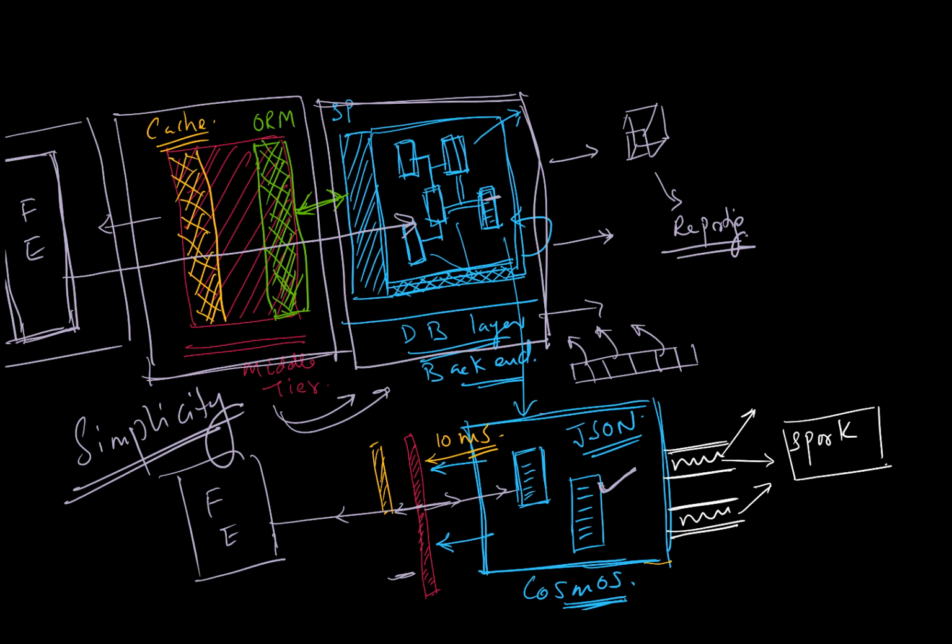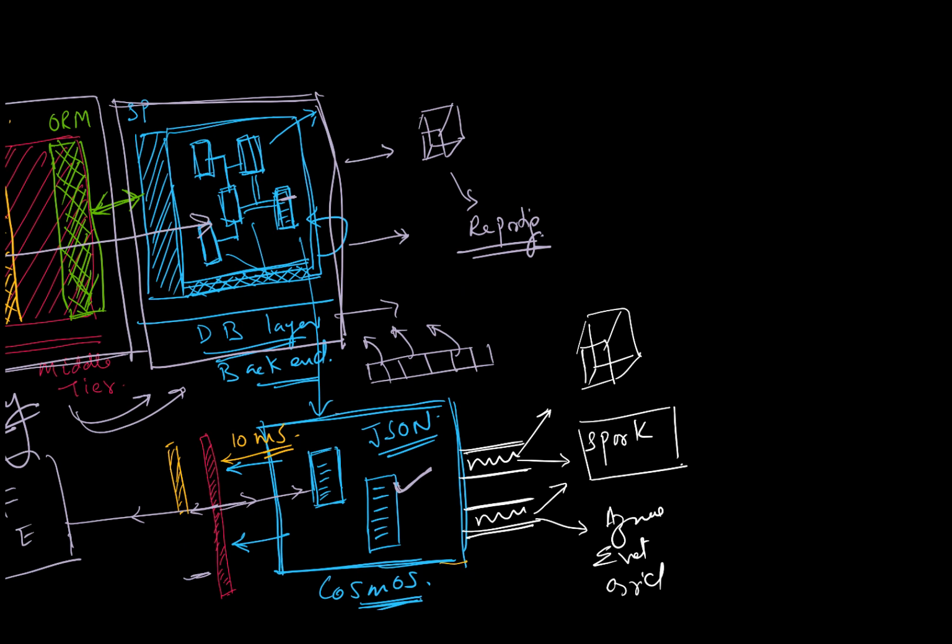You can have a data mart, or you can do some other processing and build your cubes if you need to. And you can go to, say, Azure Event Grid. So if you want data back for reporting in some different format, you can capture all the changes happening to these documents, and you can move the data to different systems for reporting, and you can build your reporting here.